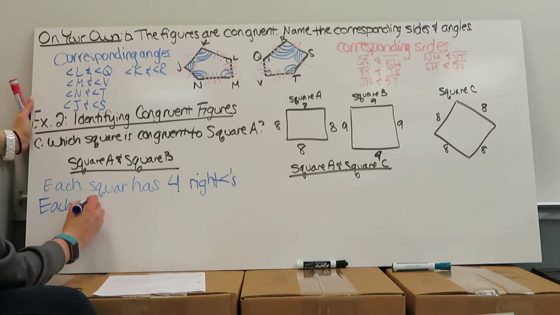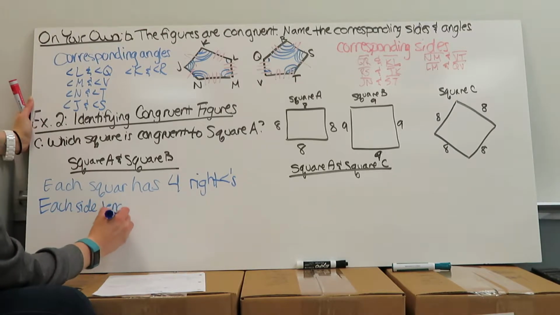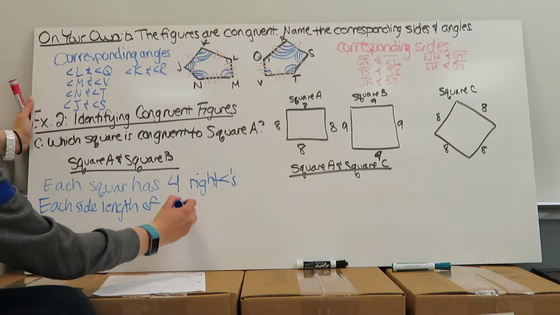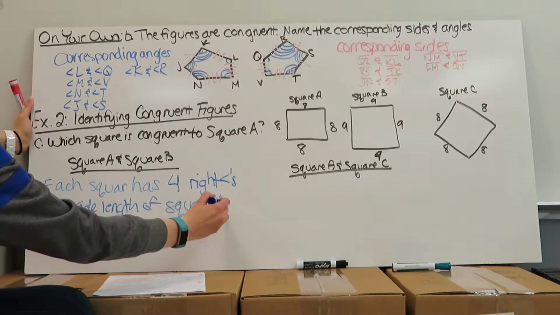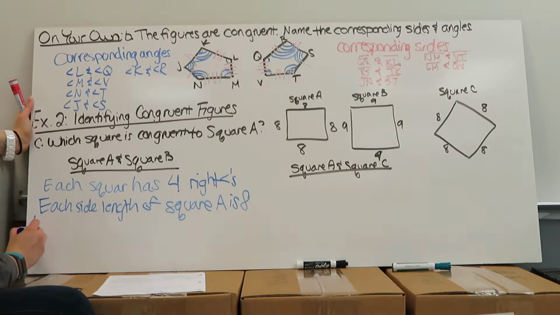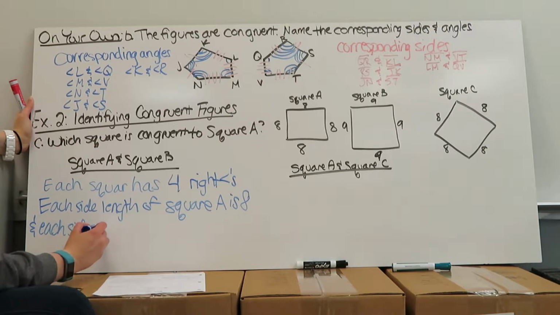Each side length of square A is 8, and each side length of square B is 9.